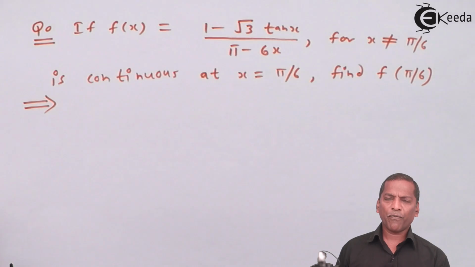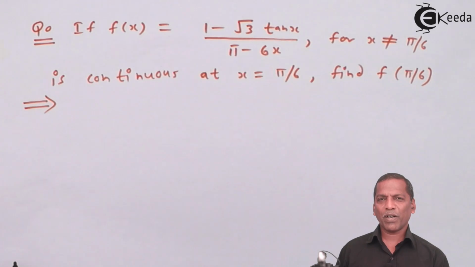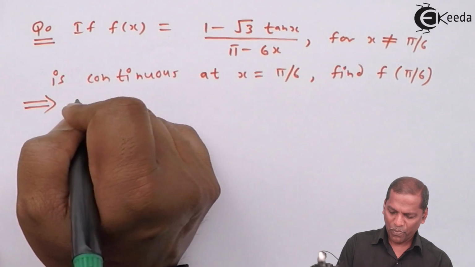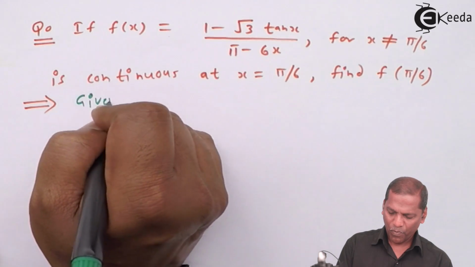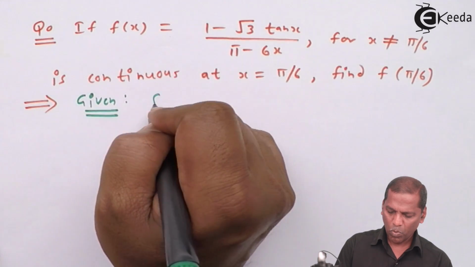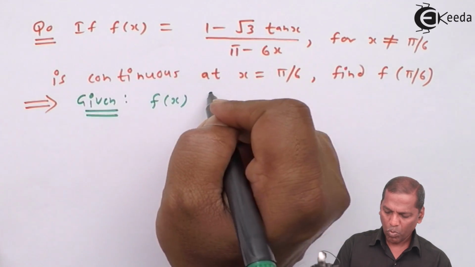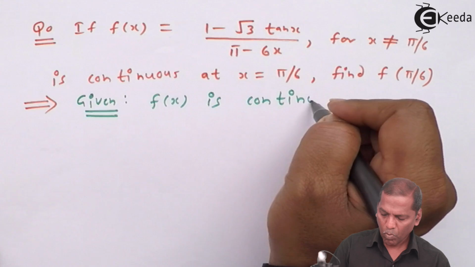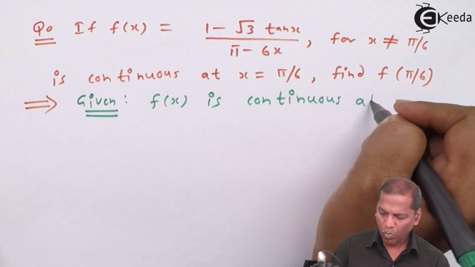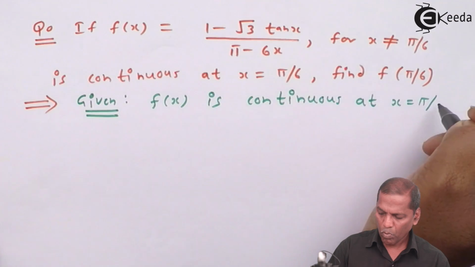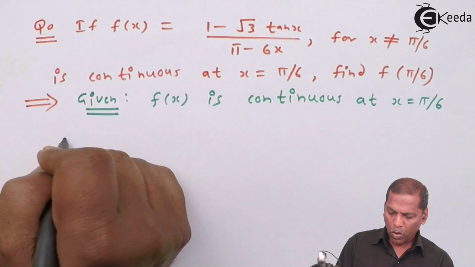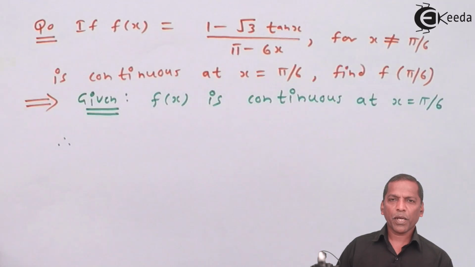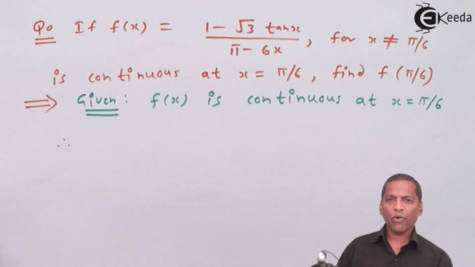First of all, given the function is continuous at x equal to pi by 6. Therefore, by using definition of continuity, we have limit x tends to pi by 6, f of x is equal to f of pi by 6.